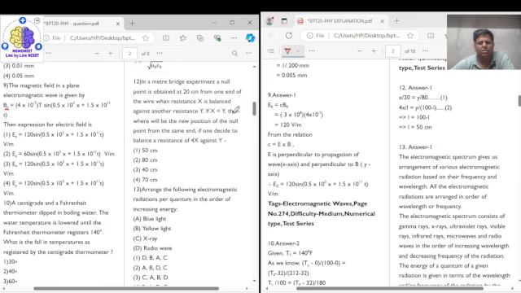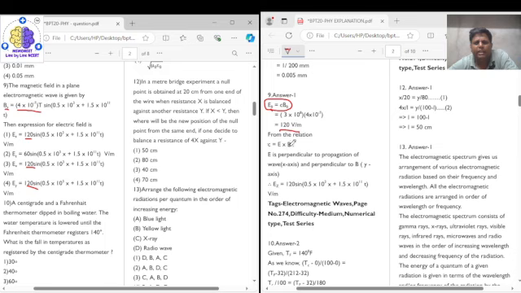In the solution, E naught is equal to C into B naught. In this expression we can say that this is B naught, and we know the value of C, that is 3 into 10 to the power of 8. From there we can calculate E naught, the peak value of the electric field, that is 120 volt per meter. So we have 120 volt per meter in the first option, the third option, and the fourth option.